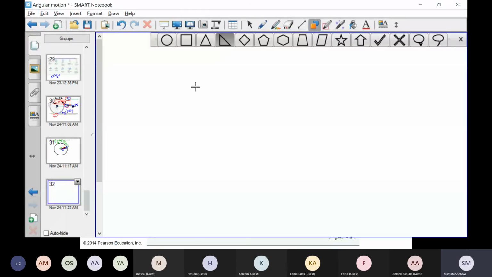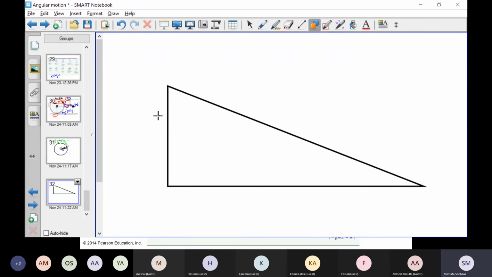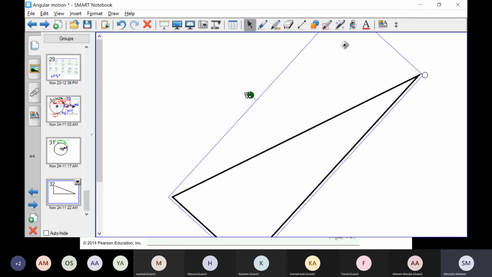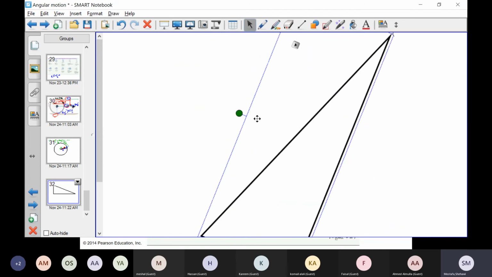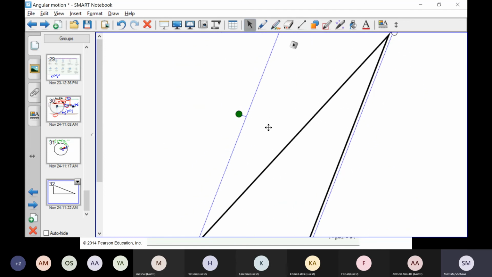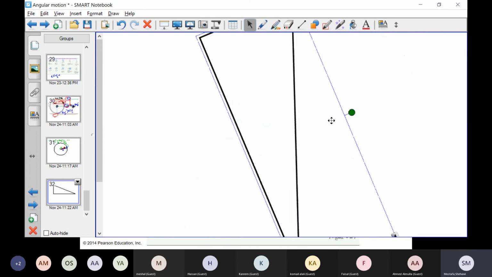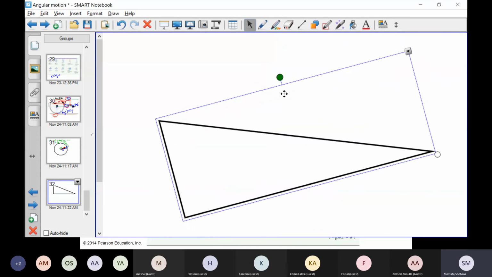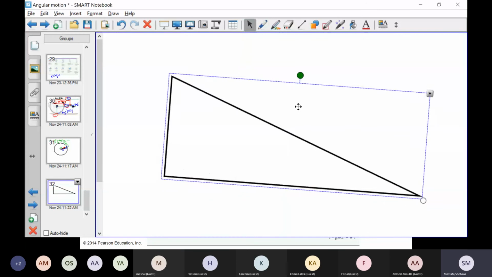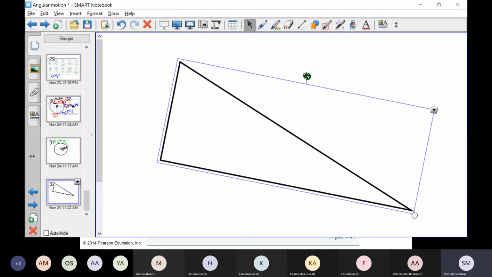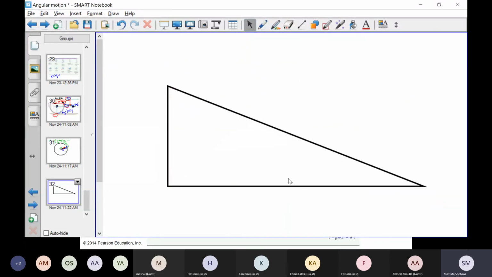Okay. Let me draw this for you. I'll flip it like this. Okay, we can't flip it, no problem. Let's leave it as it is. And I will put here two cylinders.